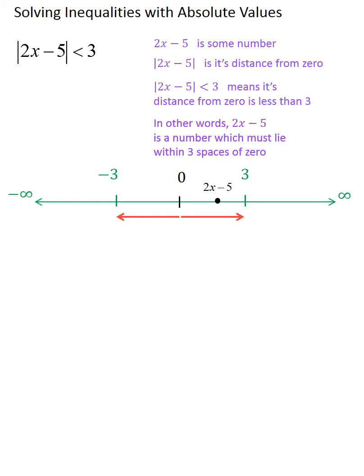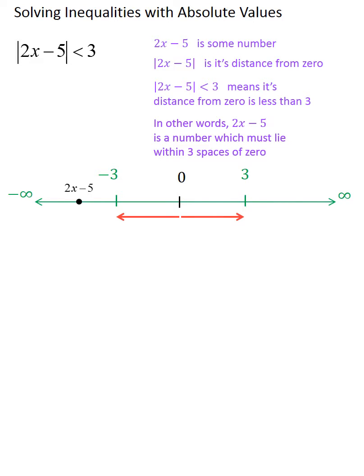Restated, 2x minus 5 could be here because the distance between that and 0 is less than 3. 2x minus 5 could be here because the distance between that and 0 is less than 3. Likewise, 2x minus 5 might be here, 2x minus 5 might be here. It, however, cannot be here because that distance from 0 is greater than 3.